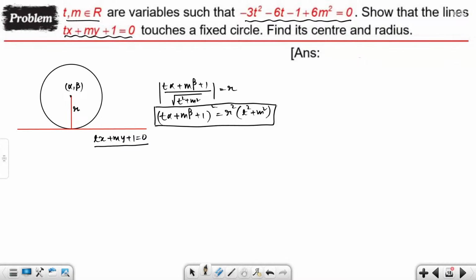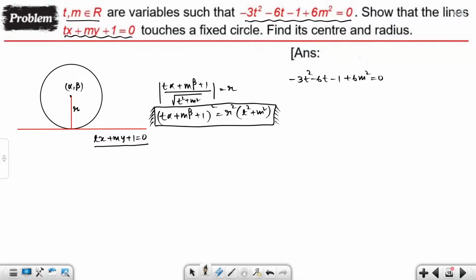Now how to get this relation? We will get this form only from the given condition, because we cannot find it otherwise. That is why this condition is given. From this condition, we will try to form an expression like this, and then we will simply compare to find what is alpha, what is beta, and what is r.